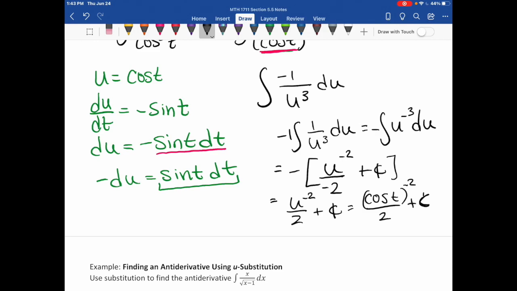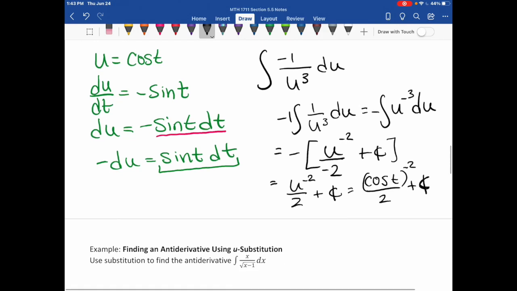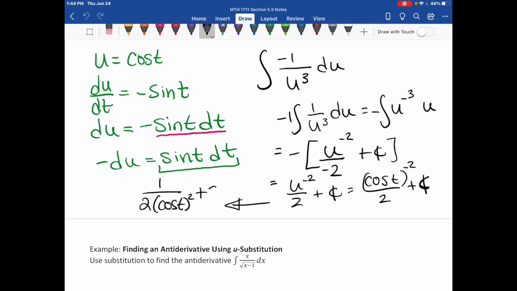So I have cosine t raised to the -2 over 2 plus c. And then if I want to write it without negative exponents, I can write my final answer as 1 over 2 times cosine t squared plus my constant.